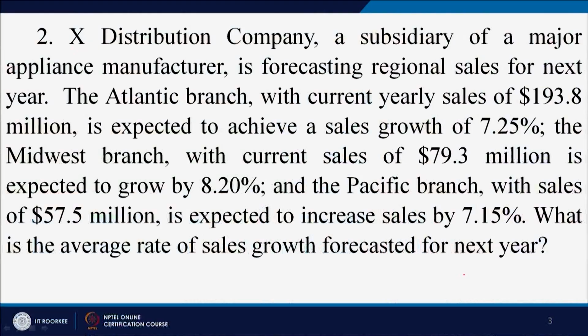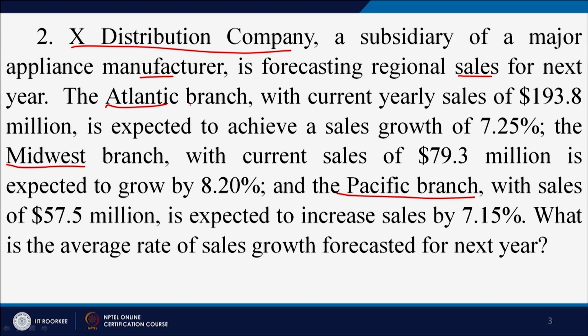So, let us look at another example. There is a company, let us call it X Distribution Company, a subsidiary of a major appliance manufacturer, forecasting sales of its product for the next year. It has 3 branches: the Atlantic branch, the Midwest branch and the Pacific branch.